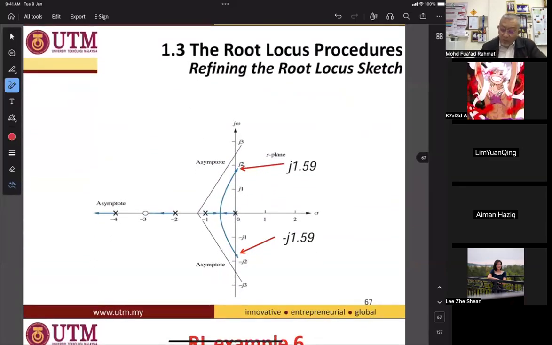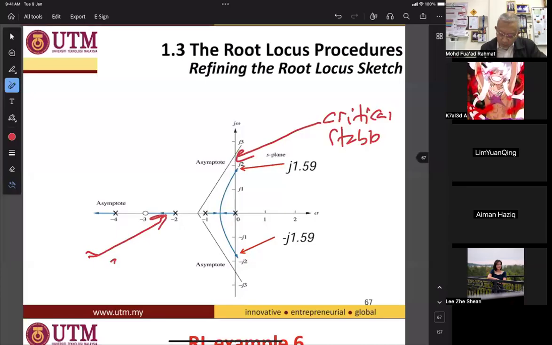And students sometimes get confused, okay, this one is critical stable. This one, guys, is critical damp. This is two different things.